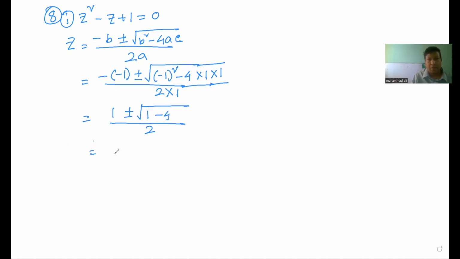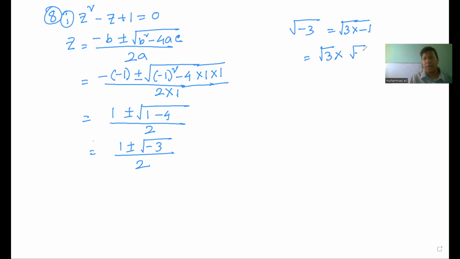If we simplify, we get 1 plus or minus root over minus 3, divided by 2. Root over minus 3 we can write as root 3 into root minus 1, and we know that root of minus 1 is i. So we can write 1 plus or minus i root 3, by 2.